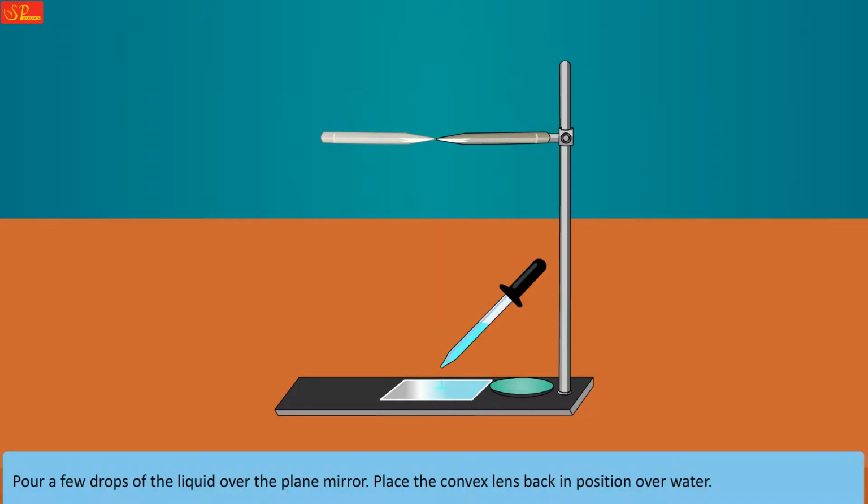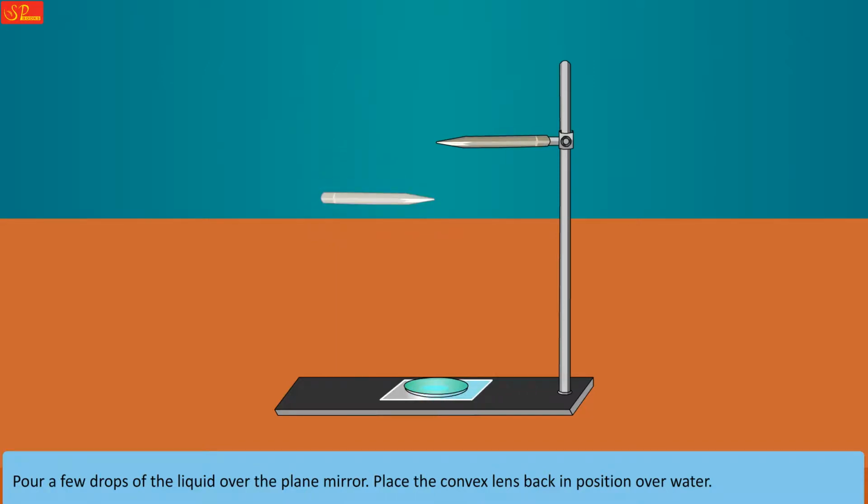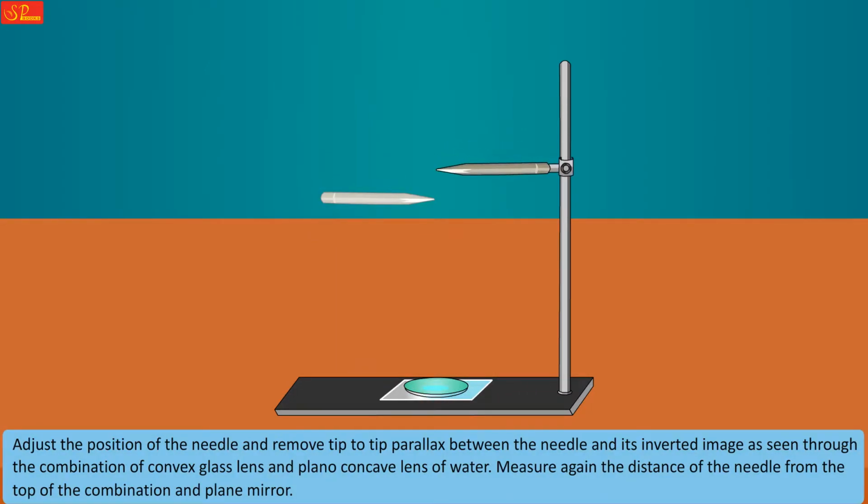To find the focal length F of the combination, pour a few drops of the liquid over the plane mirror. Place the convex lens back in position over the water. Adjust the position of the needle and remove tip to tip parallax between the needle and its inverted image as seen through the combination of the convex glass lens and the plano-concave lens of water.